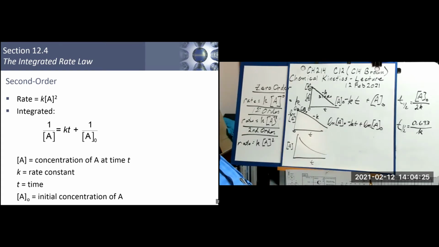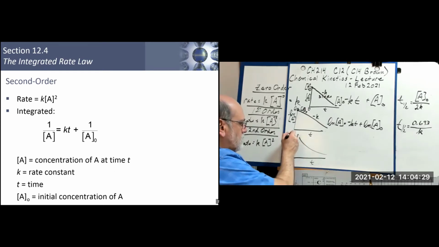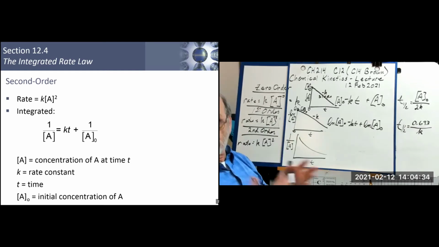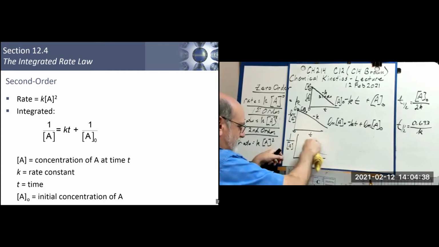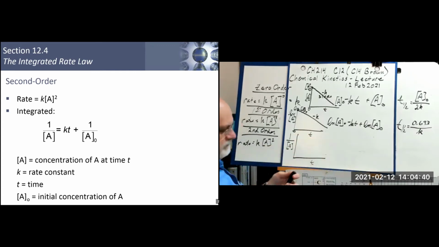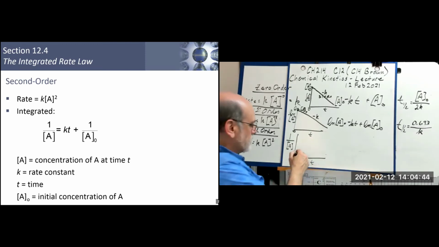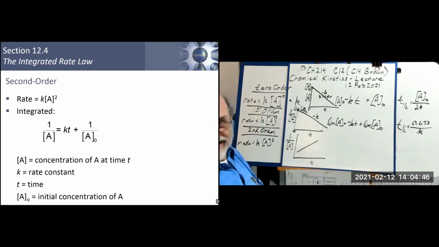Well, for a second order reaction, you take the reciprocal of the A values and plot those against time. Then what do you get? In that case, you get a straight line, but now the slope is positive.